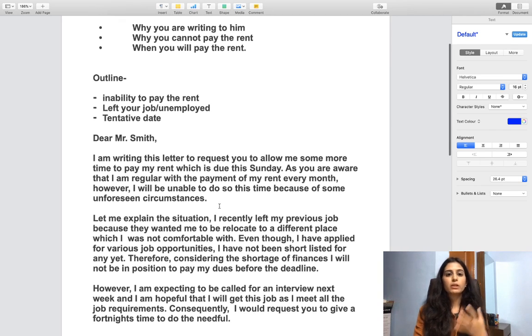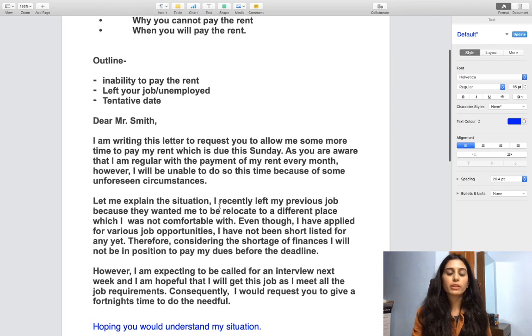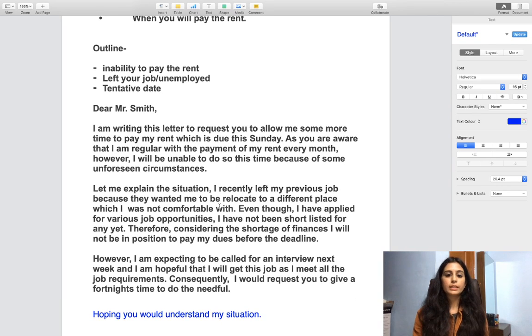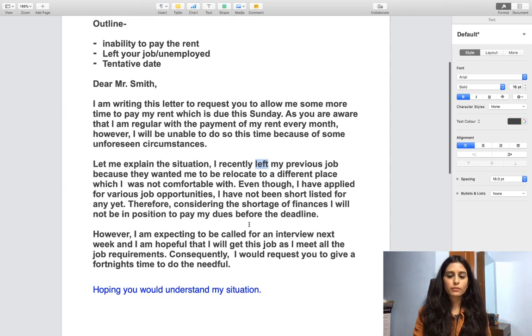And in the second paragraph, they've asked you why you cannot pay the rent. So you've also given the reason behind that, because you left your previous job. Left can be changed with quit, so that's your choice. I've quit my previous job because they wanted me to relocate to a different place. And then you have given them a kind of a futuristic aspect to it, that you would be paying the amount in a matter of 15 days.